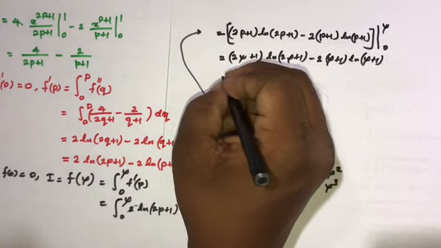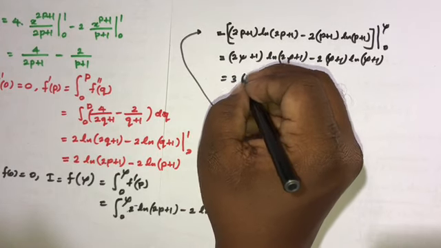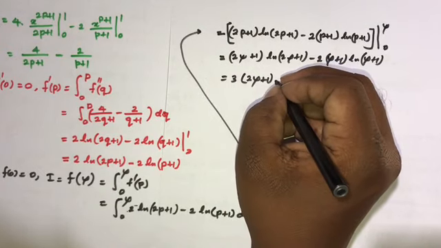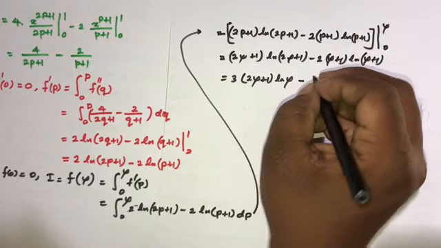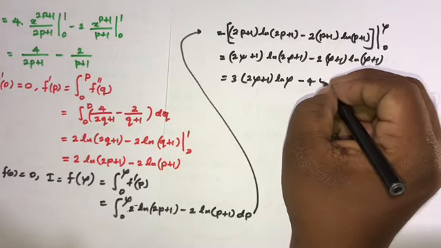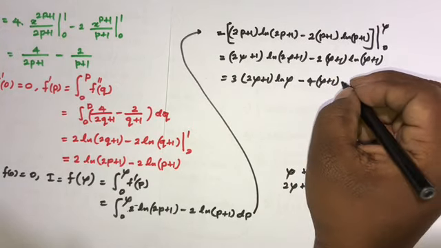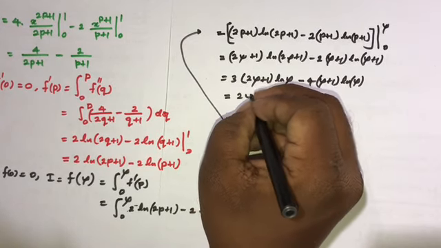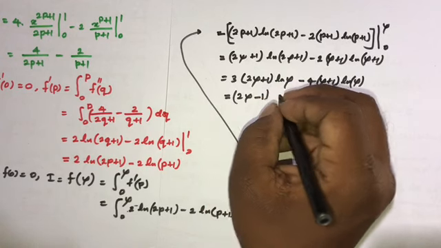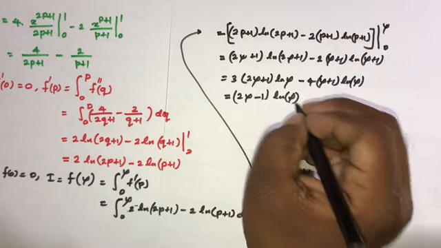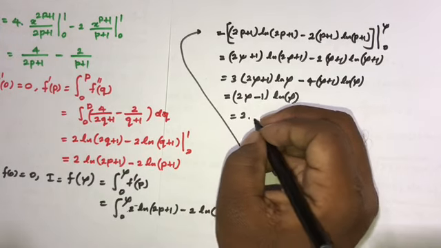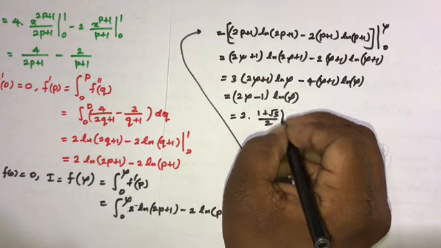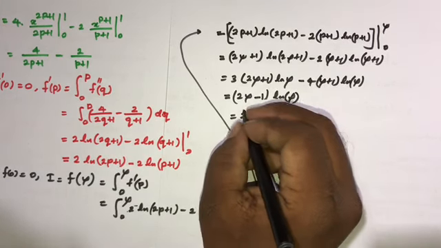So we can simplify this like 3 times (2φ+1) natural log of φ minus 4 times (φ+1) natural log of φ, and this is equal to 2φ minus 1 times natural log of φ. Now 2φ is 1 plus square root of 5, plus 2, here minus 1.